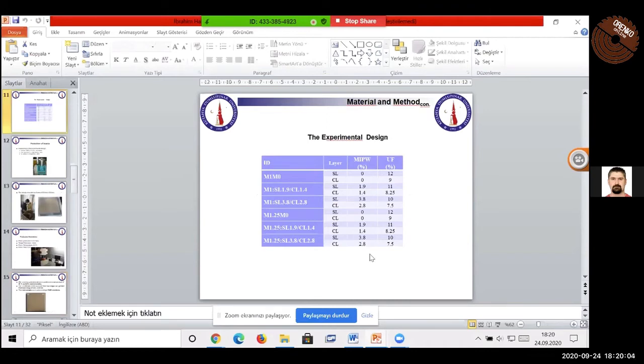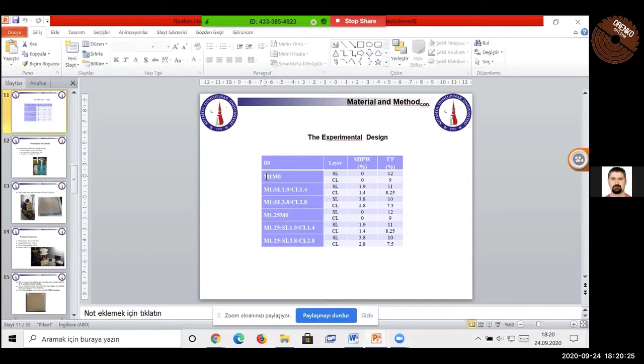This is, I think, very small, but I don't know, can you read it or not? The experimental design: we used for the surface layer UF resin 12%, and core layer 9% UF resin.